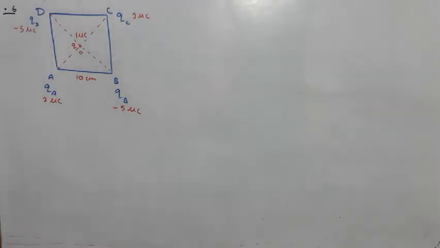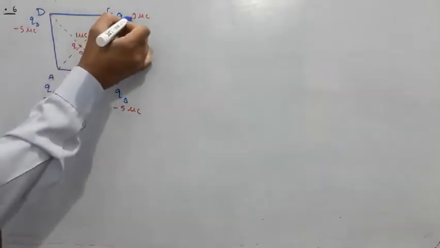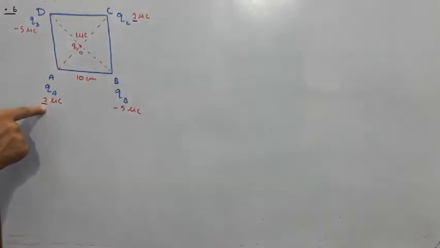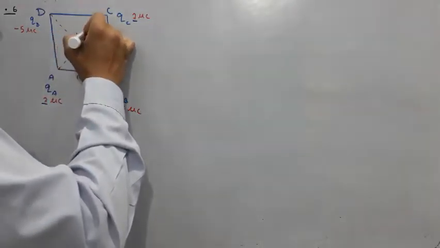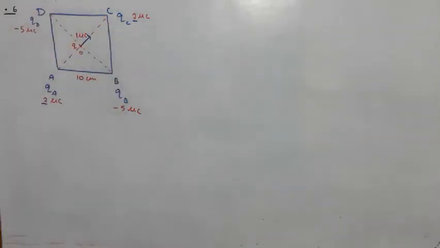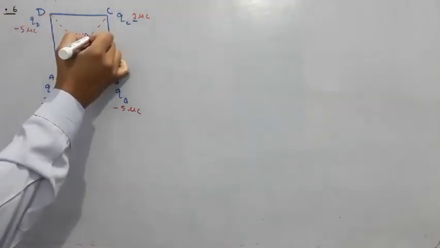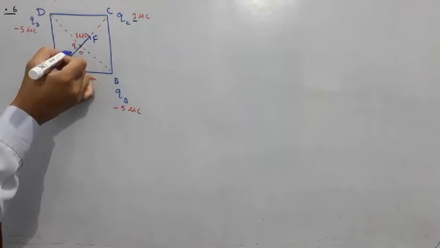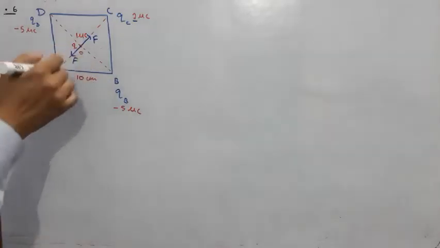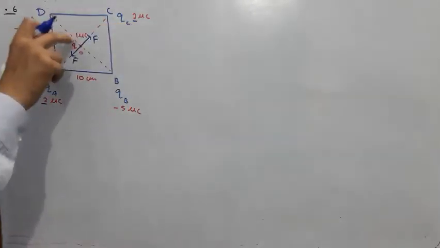I think this is a very simple question, and here there is some symmetry. You can see this is 2 microcoulomb, this is also 2 microcoulomb. This 2 microcoulomb will repel this 1 microcoulomb charge. No need to calculate how much is that force. Let that force be F. Then this 2 microcoulomb will repel this charge in opposite direction with same force F. Why same force? Same charges, same distance.